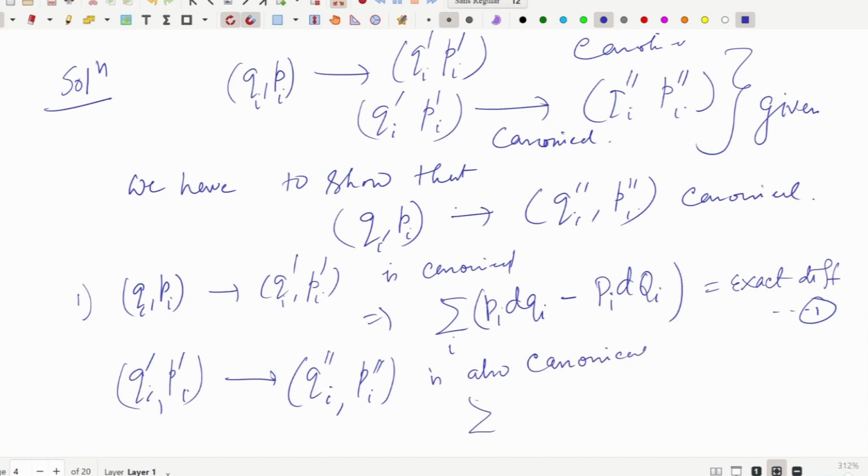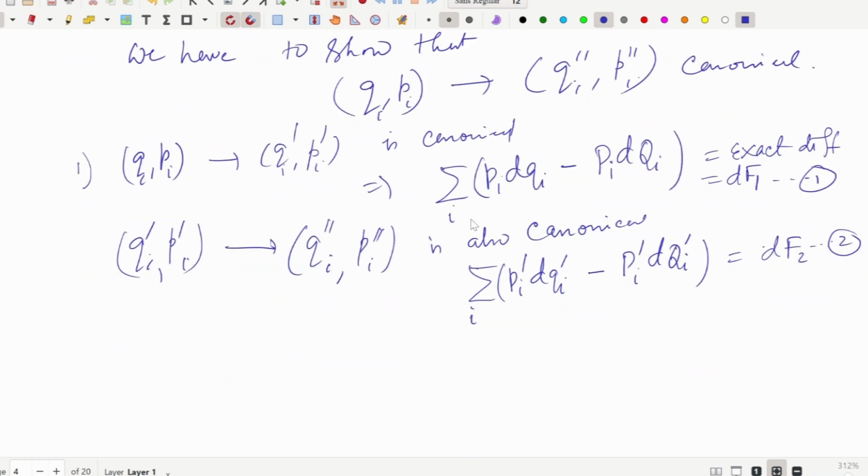So it also satisfies that Pi' dQi' minus Pi'' dQi'' is also exact, and let us write this exact one as d of F1, and in this case it is also an exact differentiation, so write d of F2, another equation. So I denote that as equation 2.